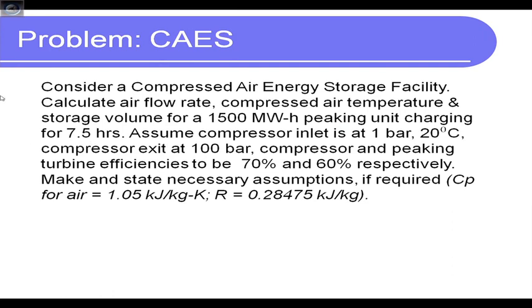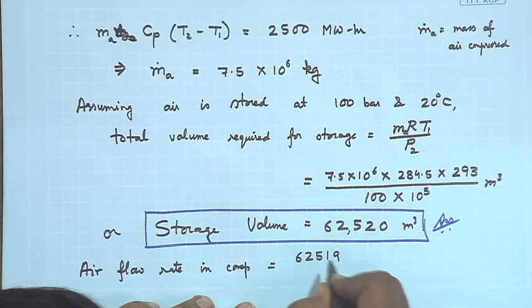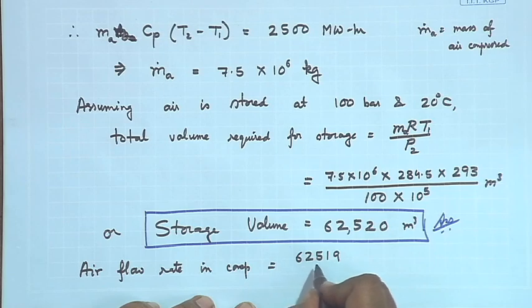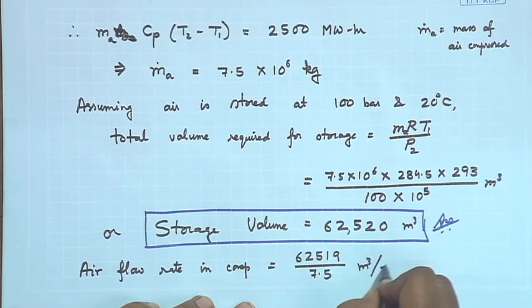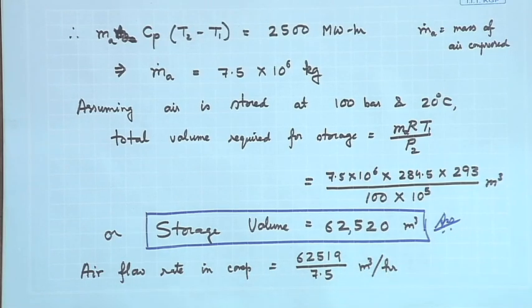So, therefore, I will write it as 62519, that is the volume, divided by 7.5. So, that is going to be the meter cube per hour, okay, and whatever it comes out to be. All right.